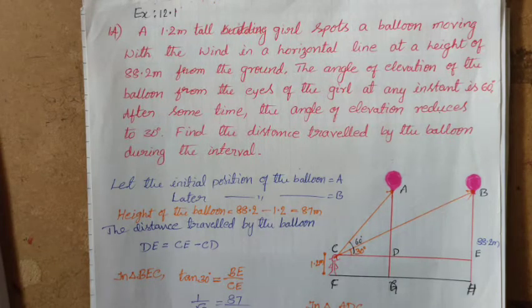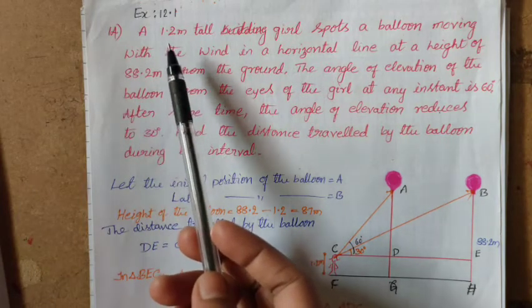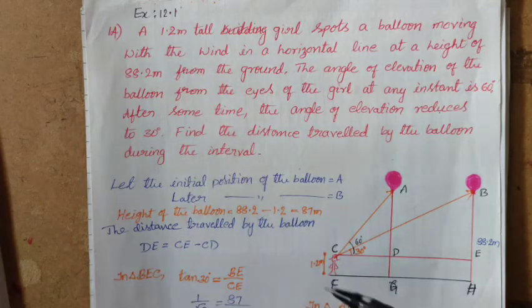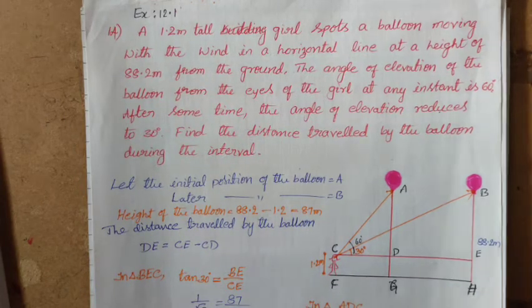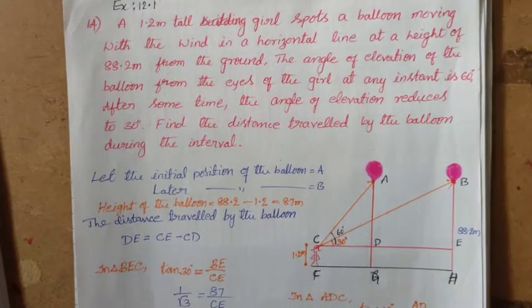Students, here also you can read the question carefully and analyze what is given and what is to be found out. So what is given in this problem? A 1.2 meter tall girl. You can observe this figure very carefully.